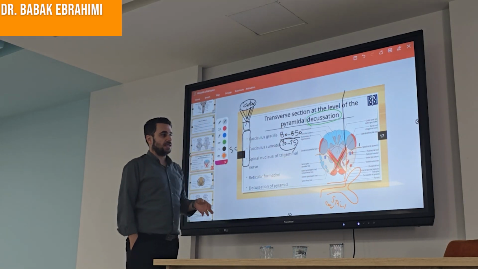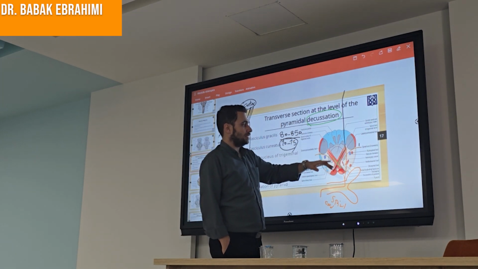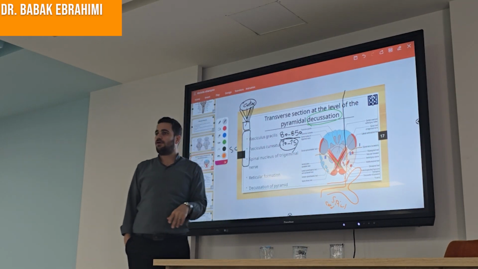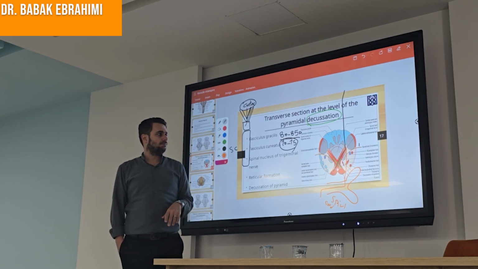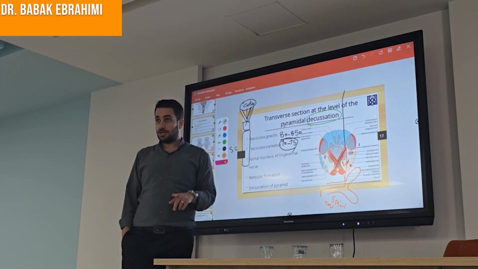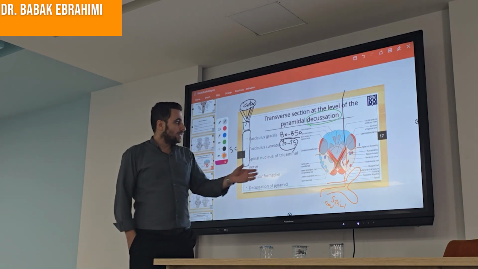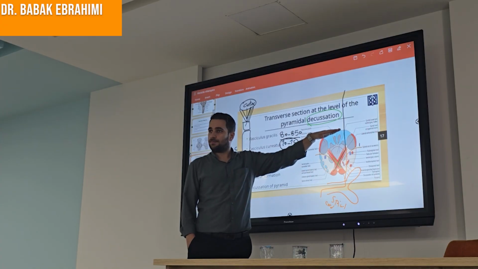Another thing that we can see, look at here. This one is posterior or anterior? Why posterior? Because the pyramid is on the anterior part. Completely true. The pyramid is located anterior, so this part is posterior.